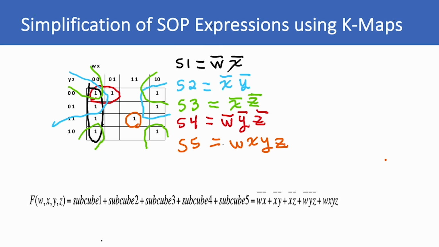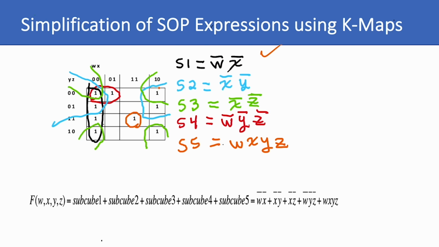Okay, so kind of reviewing this, this is the coverings that we made. And we made 5 different coverings to help minimize this particular function. The first one that we did was we covered 4. Okay, and that 4 translated to W bar, X bar.